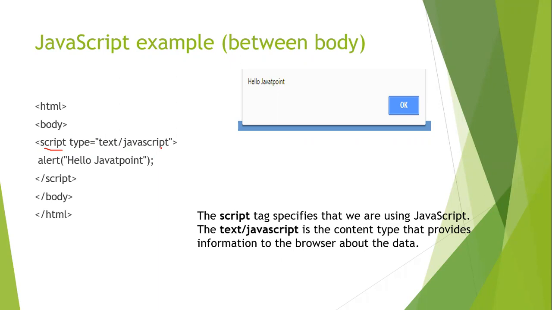Okay. What it means? It indicates that the content of the file is JavaScript. Okay. So over here I have mentioned that text/javascript is the content type that provides the information to the browser about the data. Okay. So this is how we can add the JavaScript code between the body tag of the HTML file.